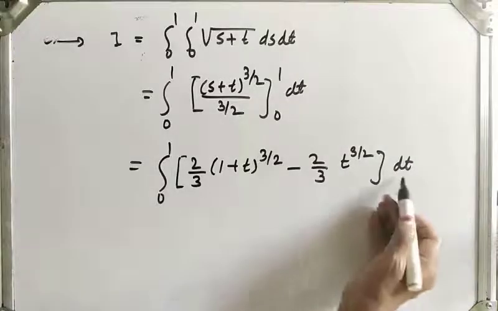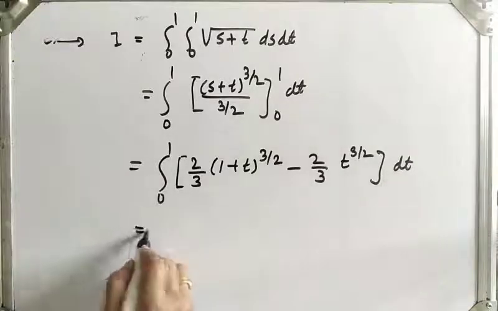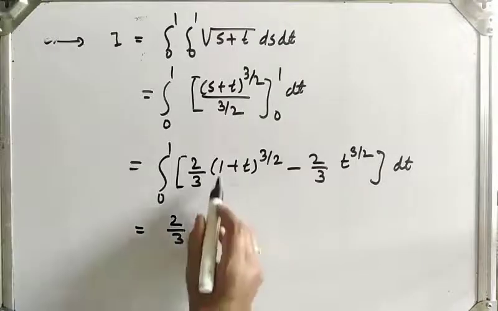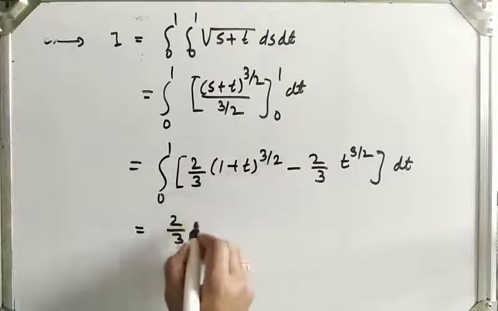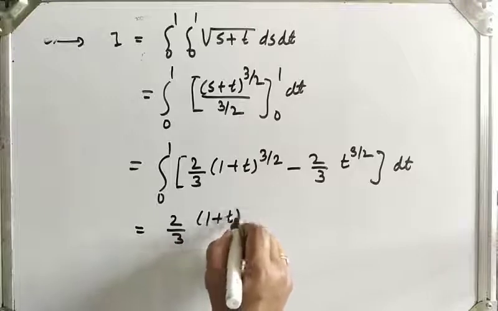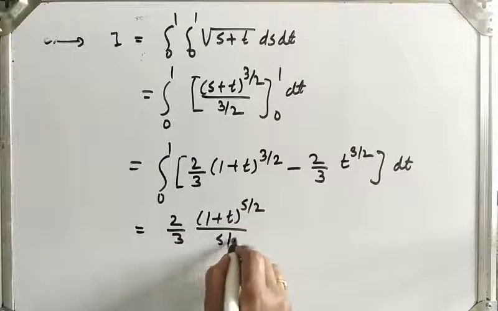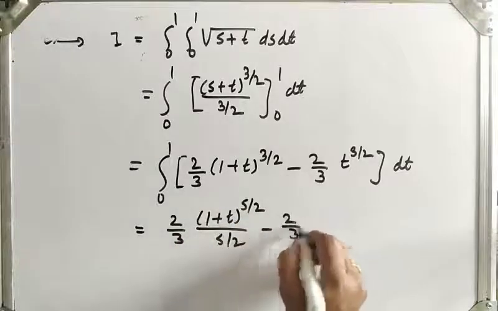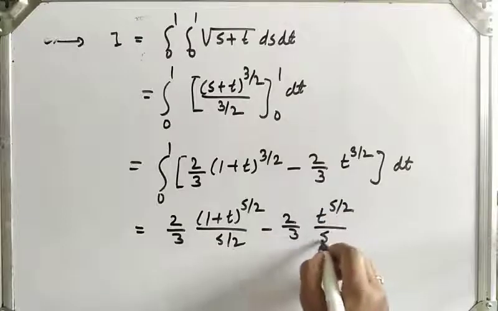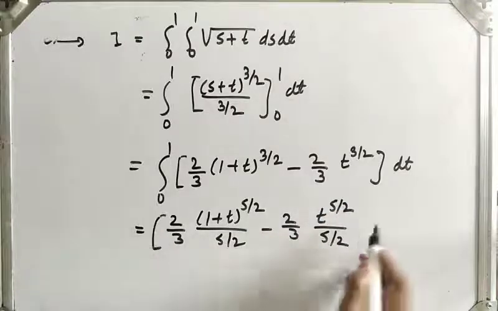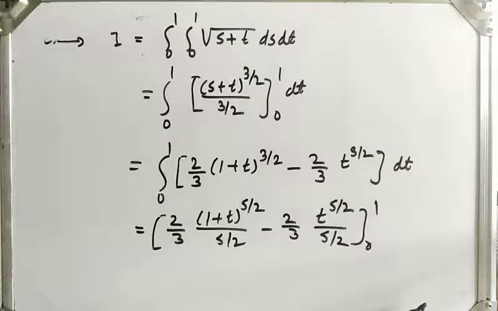Now integrate with respect to t. This 2 by 3 is constant. Integration of 1 plus t raised to 3 by 2 will be 1 plus t raised to 5 by 2 upon 5 by 2, minus 2 by 3 times t raised to 5 by 2 upon 5 by 2, with limits 0 to 1.